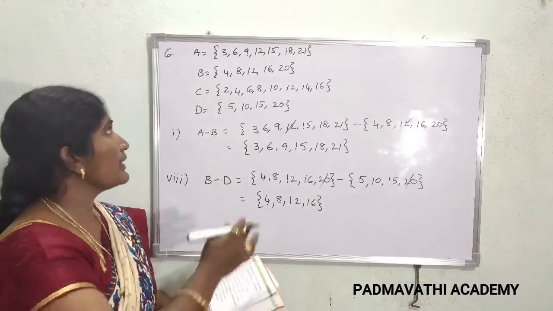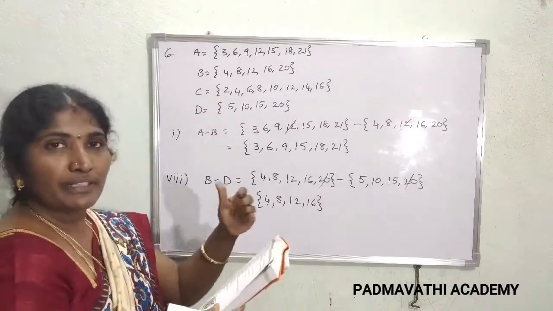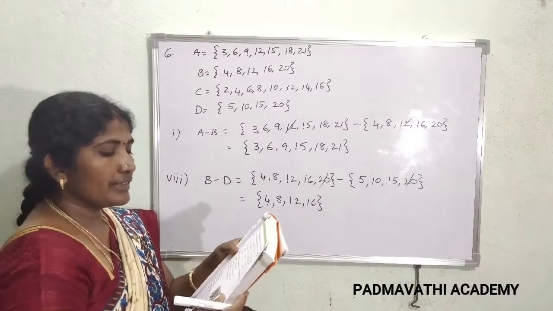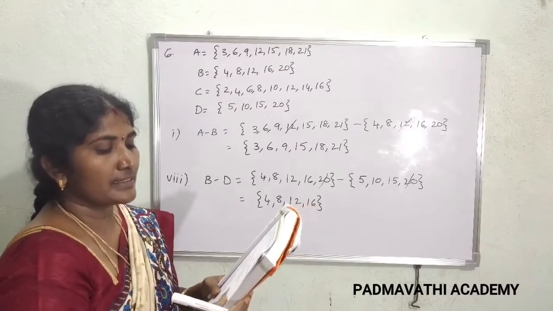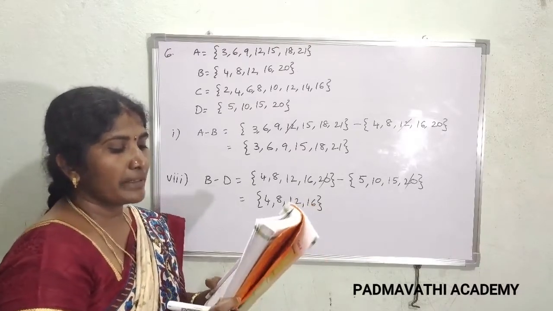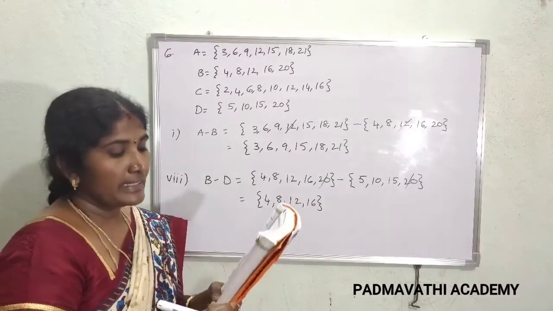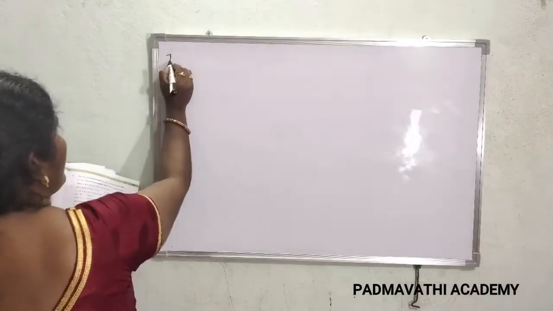In the 6th Roman numeral question, these are very simple questions you can solve. Coming to the 7th Roman numeral question: State whether each of the following statements is true or false. Justify your answers. Here they give some statements, and you have to justify whether they are true or false.